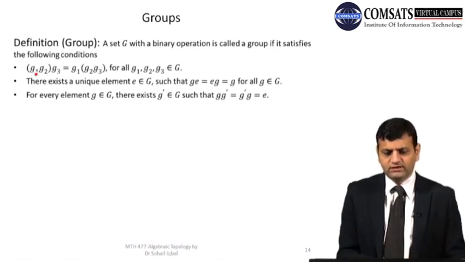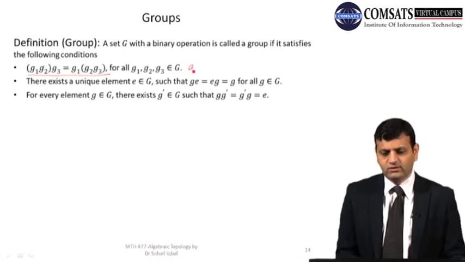The associative law says that if I need to multiply three elements of a group, then I can multiply them in any order. If I multiply the first two elements and then multiply the result with the third element, or if I multiply the last two elements and then multiply the result with the first element, there will be no difference in the result.